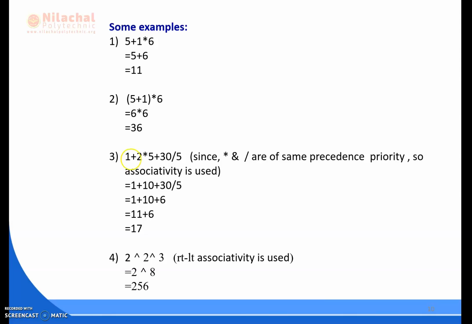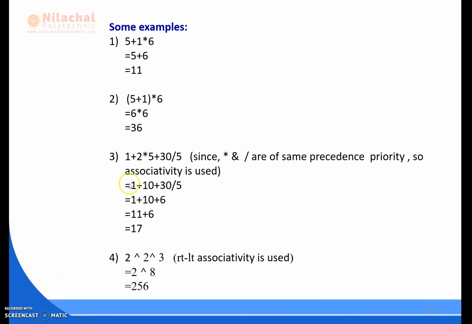According to the associativity rule, we need to move from left to right of the expression, and whichever operator comes first will be solved first. Moving from left to right, we can see 2 multiplied by 5 comes first. So it is solved first, and at the second position 30 divided by 5 is solved next.